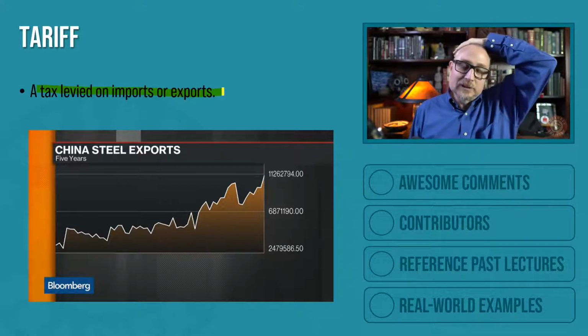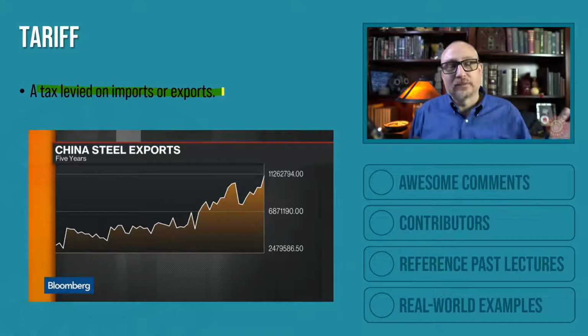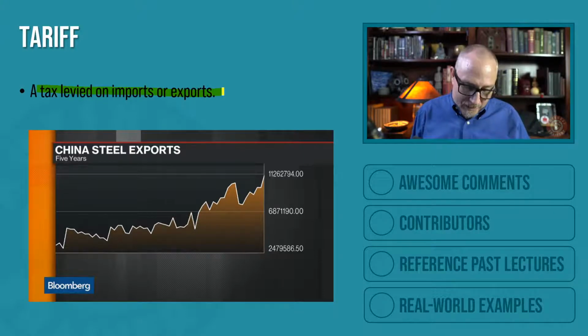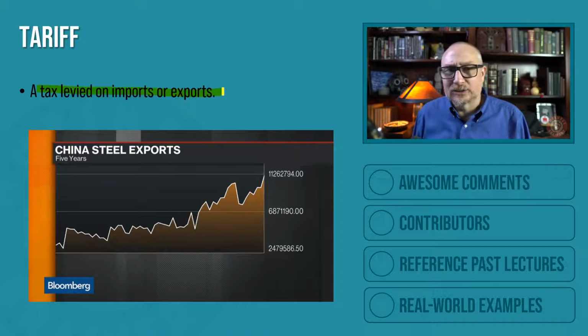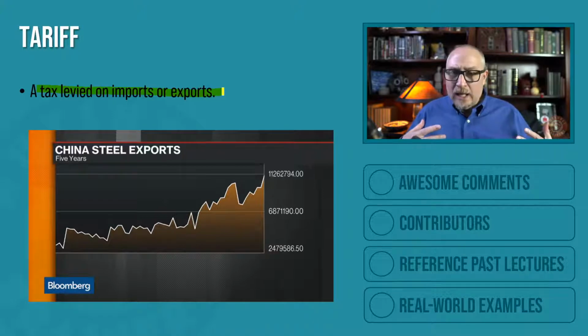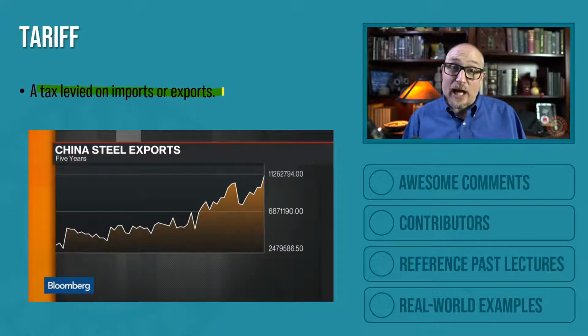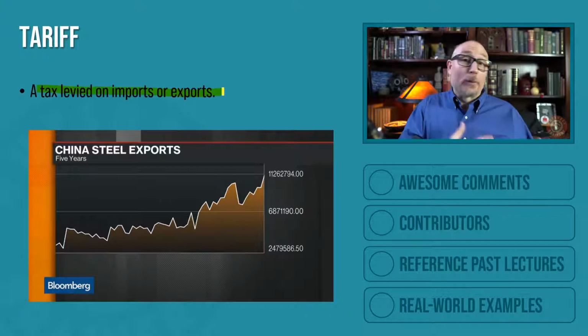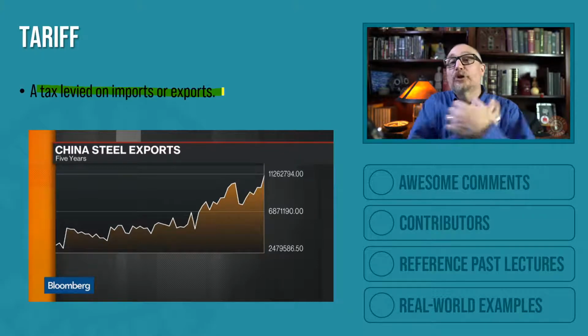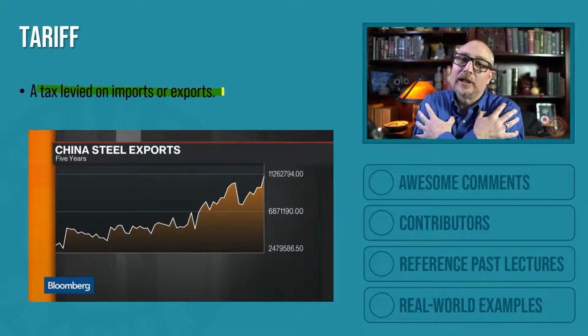Now, different sides of the political aisle will try to persuade you that it's not what it is and so on and so forth, but it's really quite simple. The idea is if you're going to bring that product into this country, we're going to tax that product. Okay, so it's a form of protectionism. We're protecting our own industry.